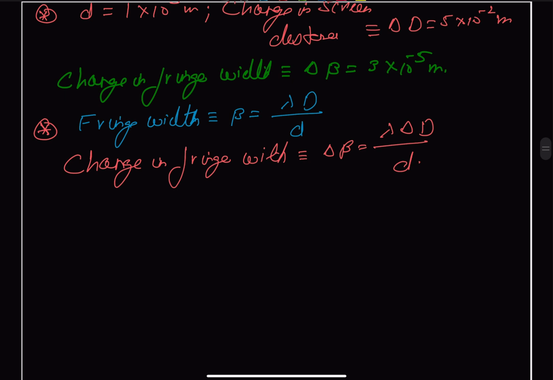Therefore we can write that our lambda will be equal to delta beta multiplied by small d and divided by change in capital D.